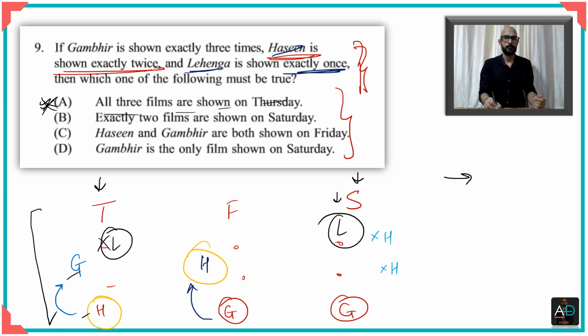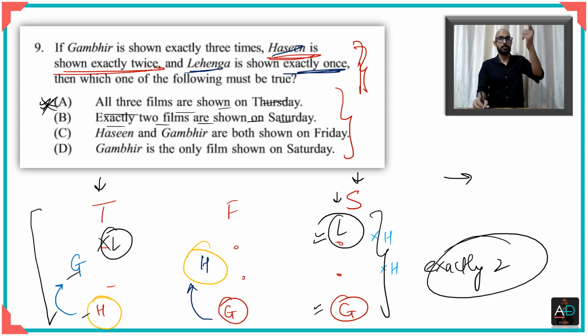Now I go to option B. It says exactly two films are shown on Saturday. Now, as you can see here, there is Lehenga and there is Gambhir. This is exactly two, which is true.